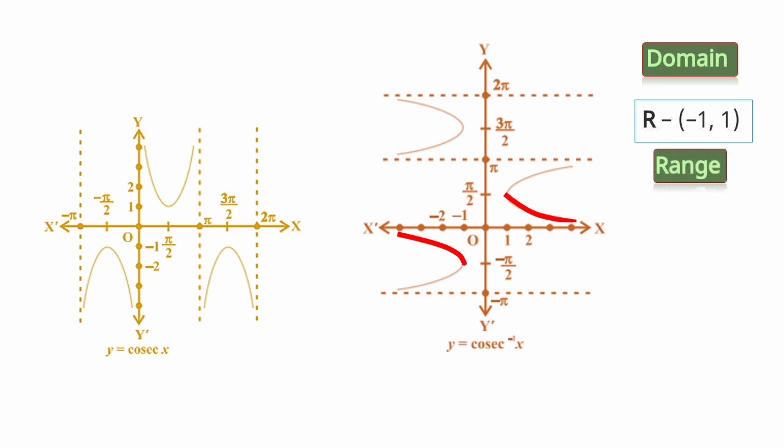And then here the range is from -pi by 2 to +pi by 2, but 0 is not included. So -pi by 2 to +pi by 2, we have to exclude 0. So this is the range.